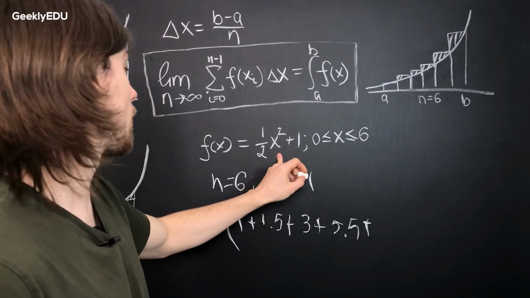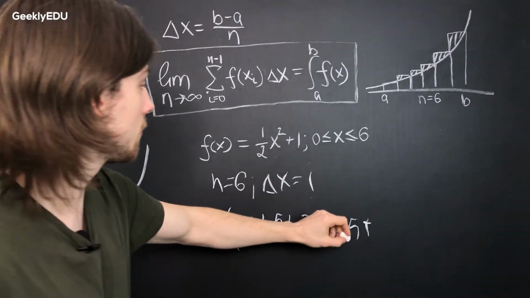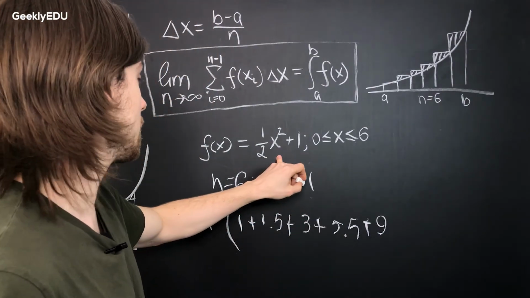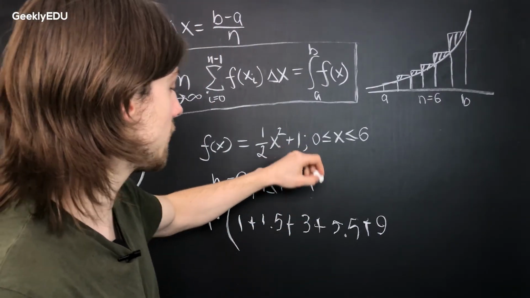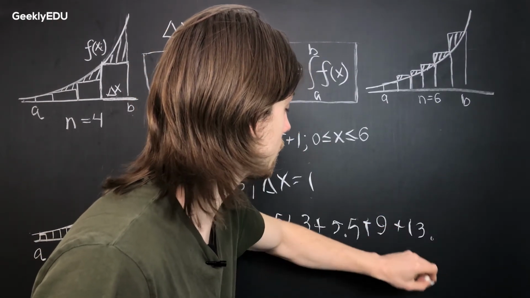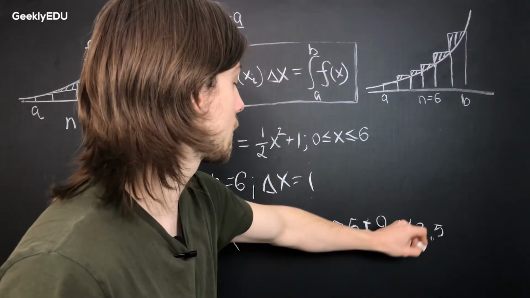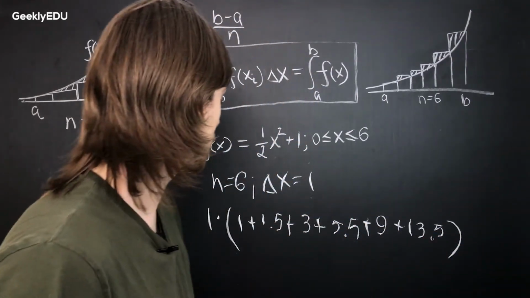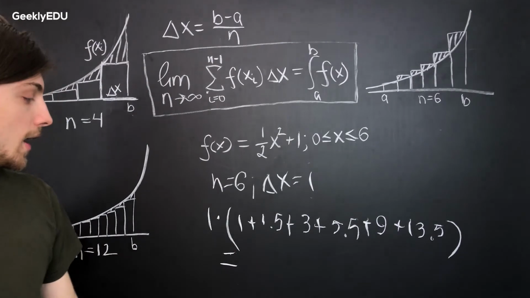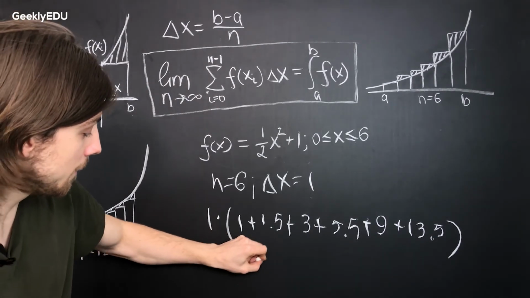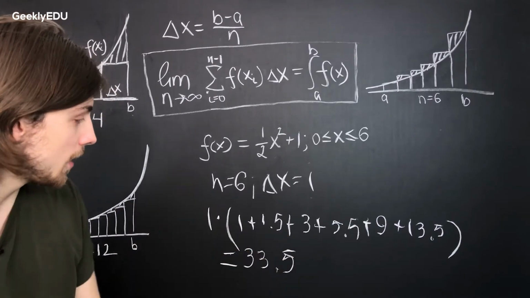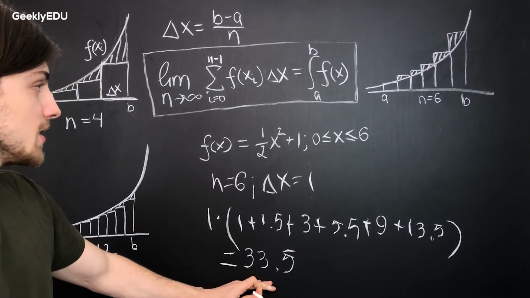And we have 4, and it's 8, so 8 plus 1 is 9. And we have 5, which is 12.5 plus 1, and that gives us 13.5. And if you add all of those numbers together, you get 33.5. And this is the left Riemann sum.